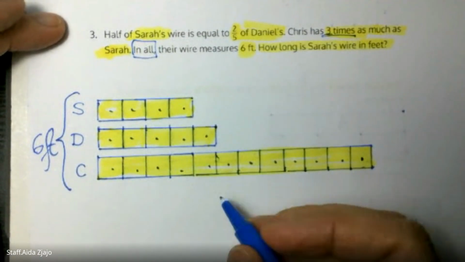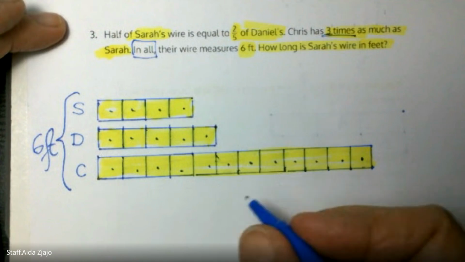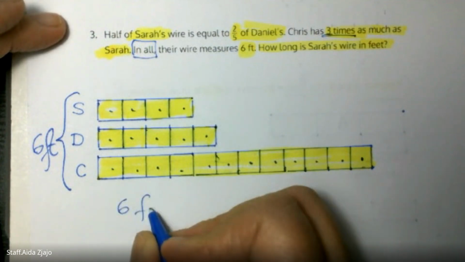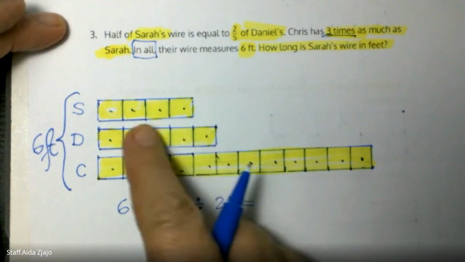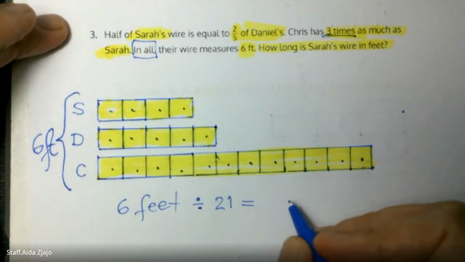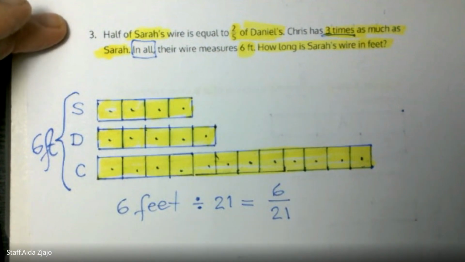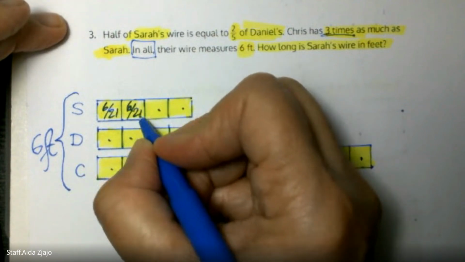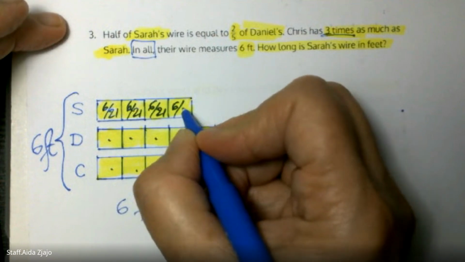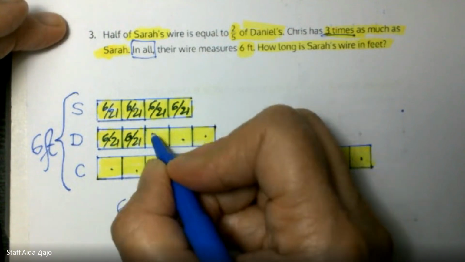So that means we need to divide 6 feet into 21 pieces, so we will know how much is 1 piece. So 6 divided by 21, 6 21sts, is how much is 1 piece.